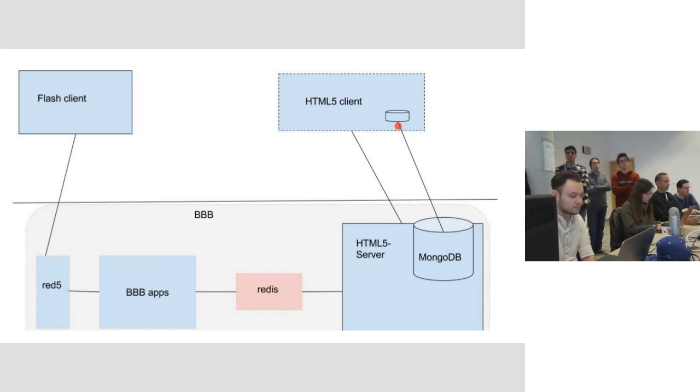It's using Minimongo, a subset that only includes the current meeting and what the specific user represented by this client is supposed to see. So Minimongo will be updated with this new document containing the public chat message, and the HTML5 client will be displaying it.